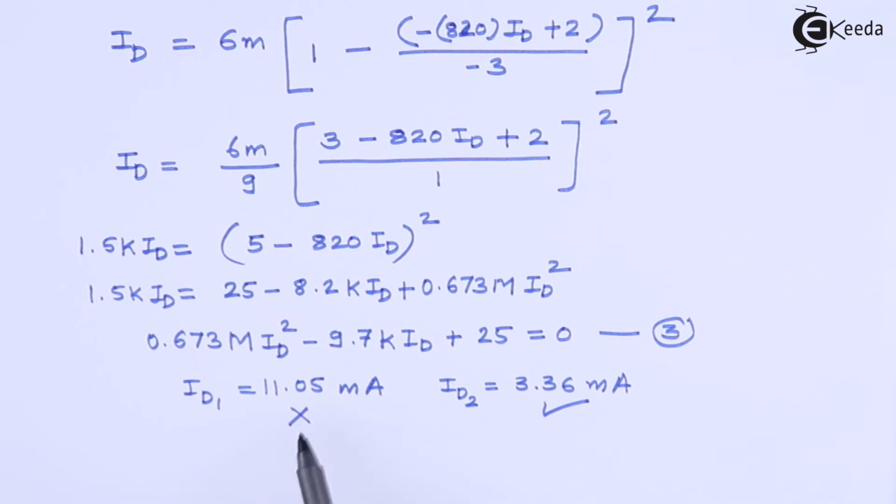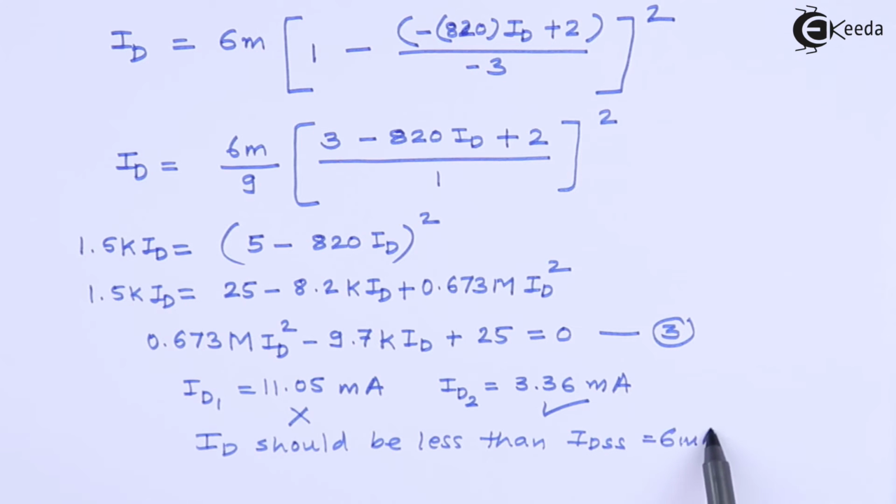I will not select this because ID should be less than IDSS, which is equal to 6 milliampere, which is given. So this value is correct. I will take this as the value of ID. I will put the value of ID in equation number 1 such that I will get the value of VGS, and then I will proceed further.